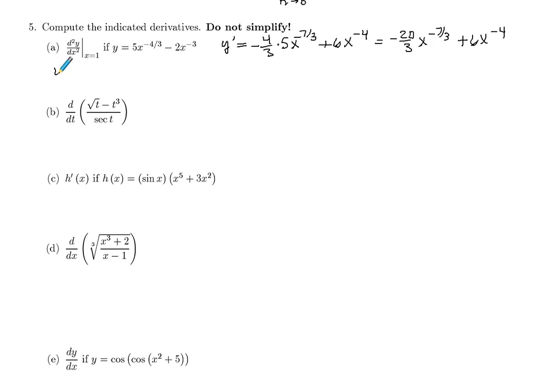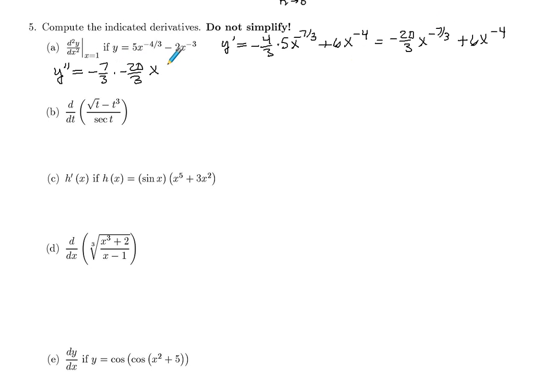And then our second derivative, y double prime, which is what this is, d2y dx squared, is going to be negative 7/3 times negative 20/3. So that exponent comes down in front times x, and then again decrease our exponent by 1.